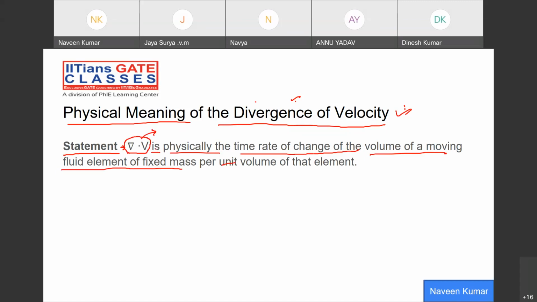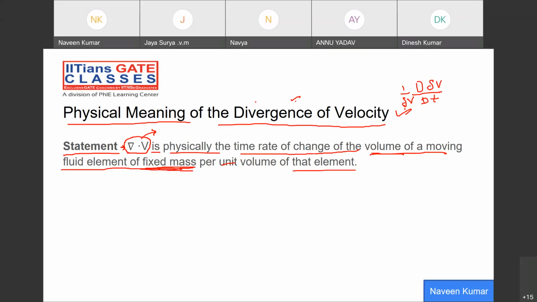Del dot v is physically the time rate of change of volume per unit volume of fixed mass. This is very important. Of fixed mass. Mass is not going to change. Fixed mass per unit volume of that element.